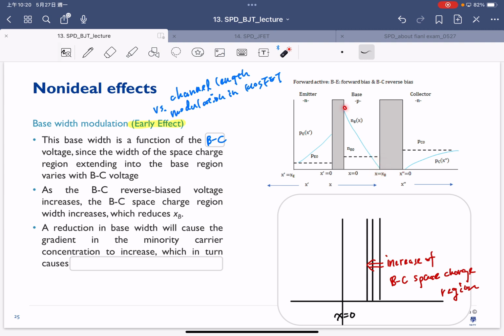So we have a very high concentration gradient here, and if we have a wider space charge region, that will create an even larger gradient.